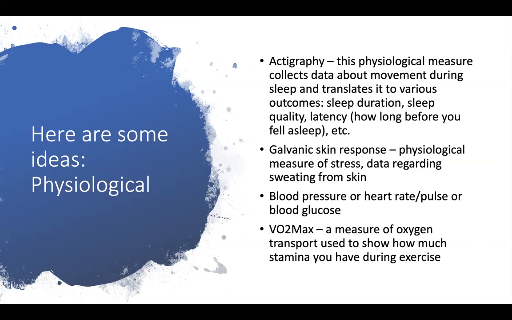And using algorithms, it will calculate things like how long did you sleep? What was your quality of sleep? How many times did you wake up in the middle of the night, for example? What was the sleep latency? So that's another word for how long did it take between when you laid down in bed and when you actually fell asleep, etc. There are a whole number of physiological measures about sleep that actigraphy can give you.